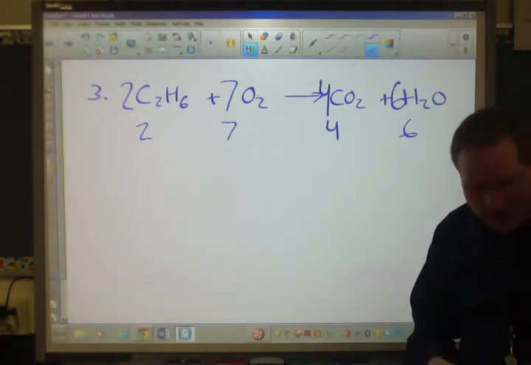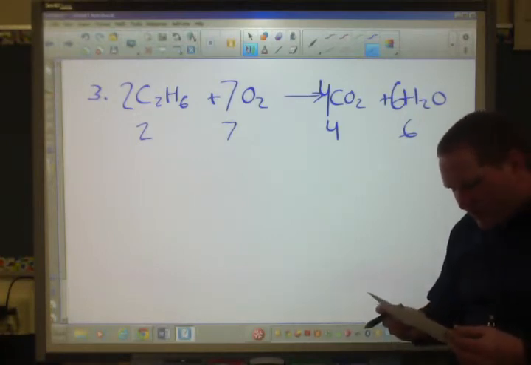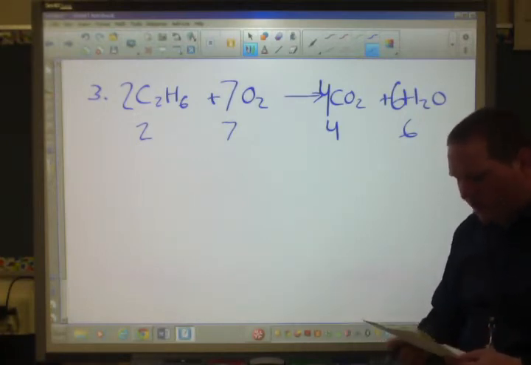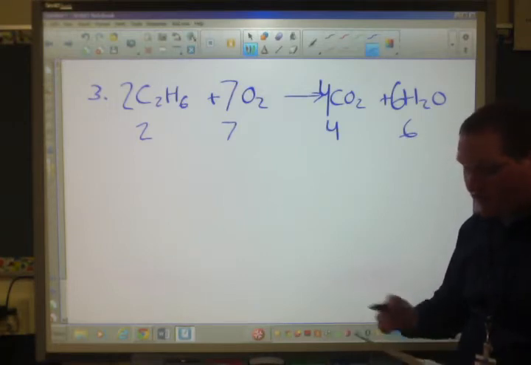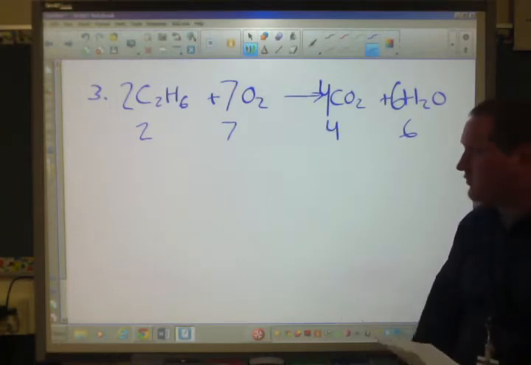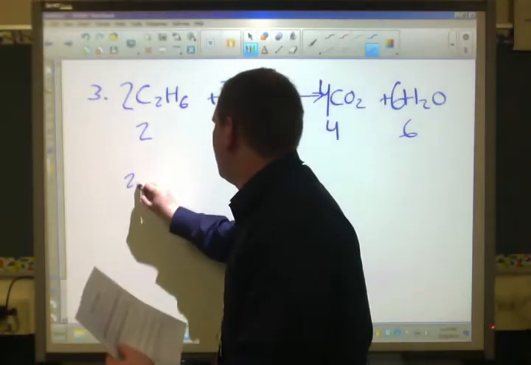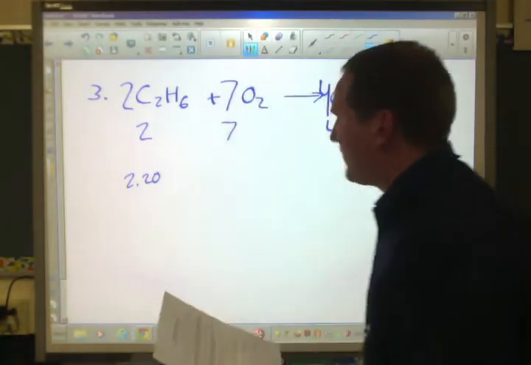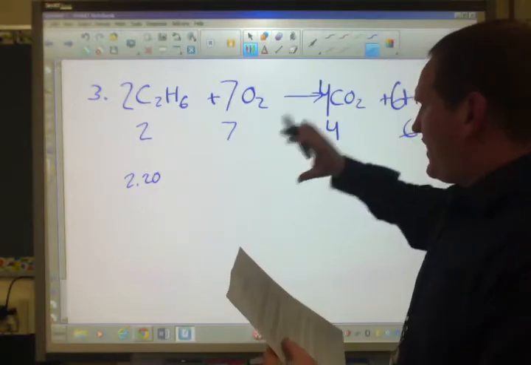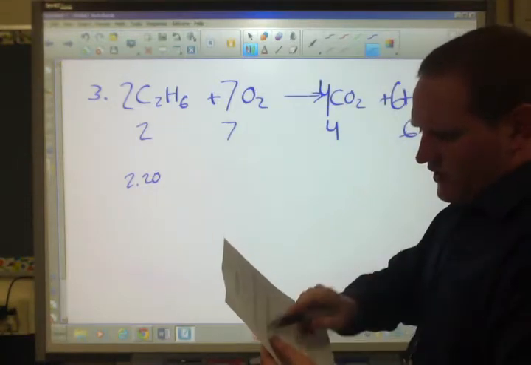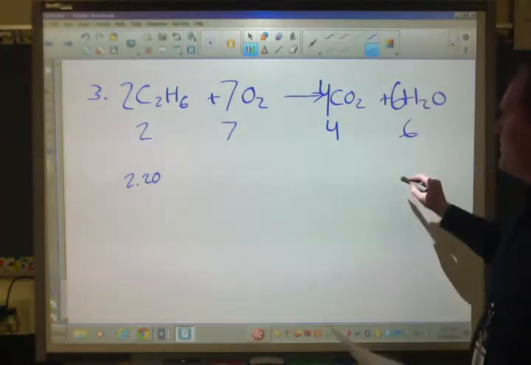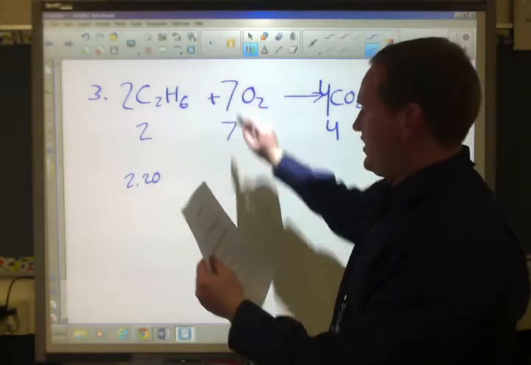Alright, so the problem says what mass of oxygen is required to react with 2.20 moles of ethane? Oh, they already give us moles, which helps. So since they give us moles, we're just going to write this directly in here. 2.20 moles. Well, I can't just find grams out of this, but I can find moles. So I'm looking for oxygen gas here.